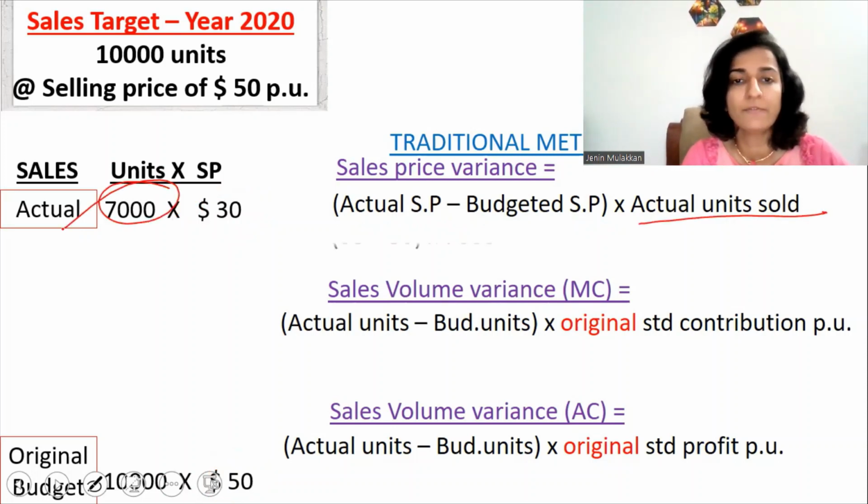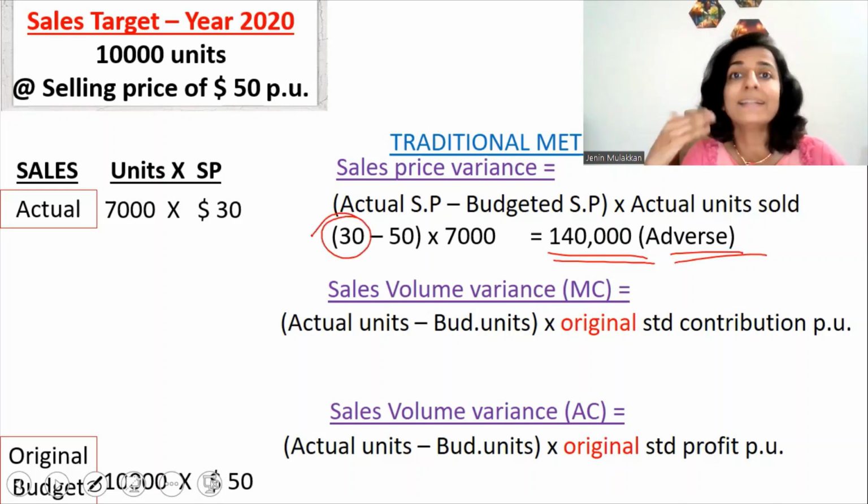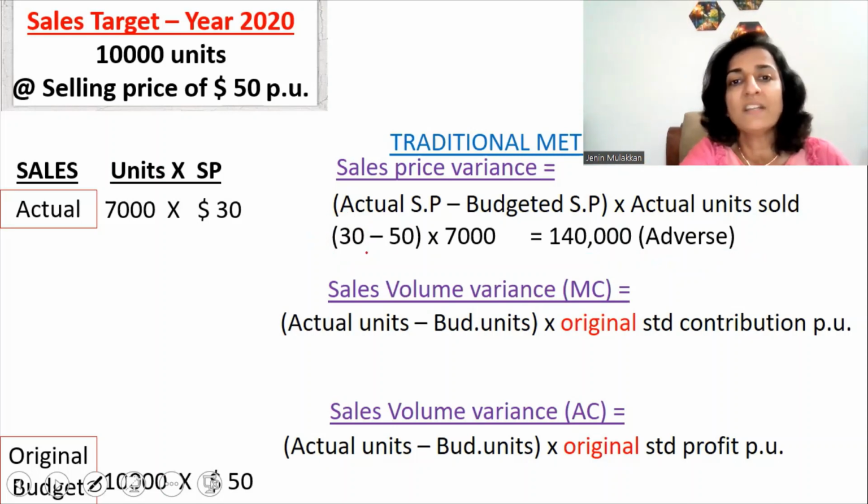Substituting the figures in the formula, we get the variance as $140,000. And it is adverse because the actual selling price is lesser than the budgeted selling price. We reduced the selling prices. Or you can also say that if you get a negative answer, it is an adverse variance. Now coming to the sales volume variance according to the marginal costing system. Usually in the question, the standard contribution will be given.